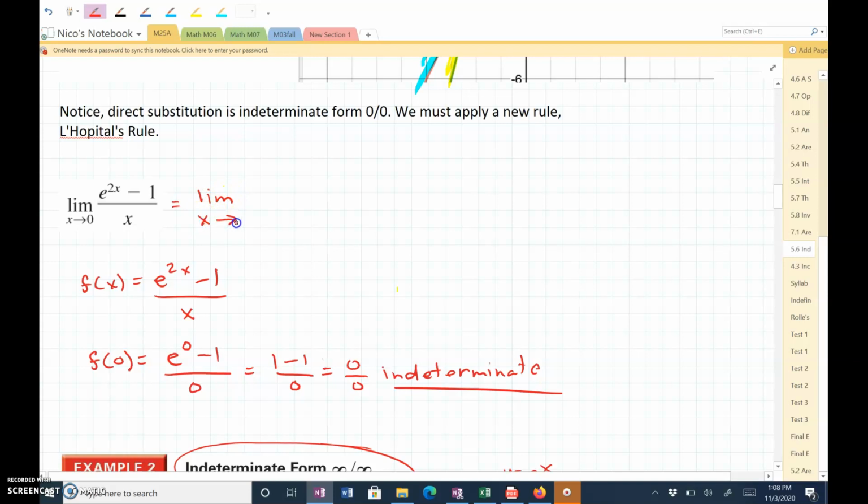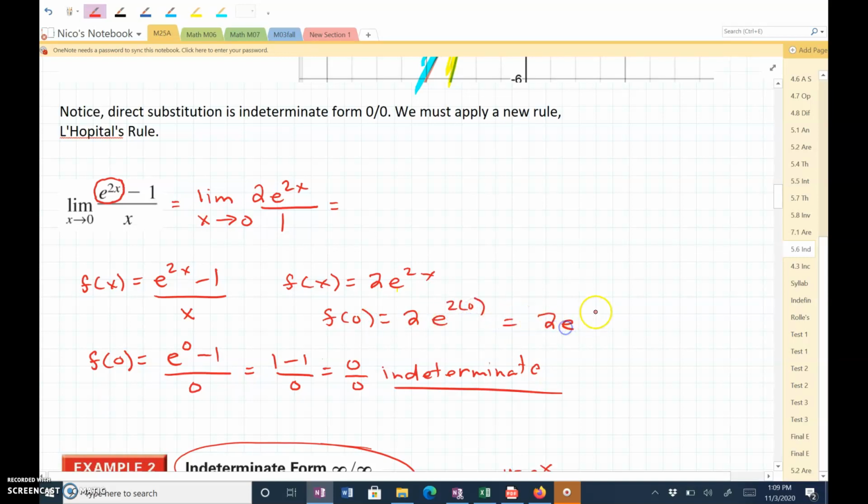So the limit of this function as x approaches 0, if we take the derivative, would be 2e to the 2x. The derivative of negative 1 would be 0, and the derivative of x would be 1. So now, if we took this function and tried direct substitution, we would end up getting 2.